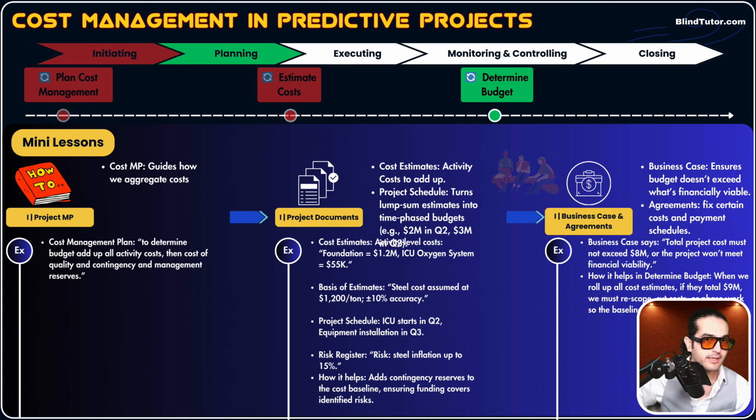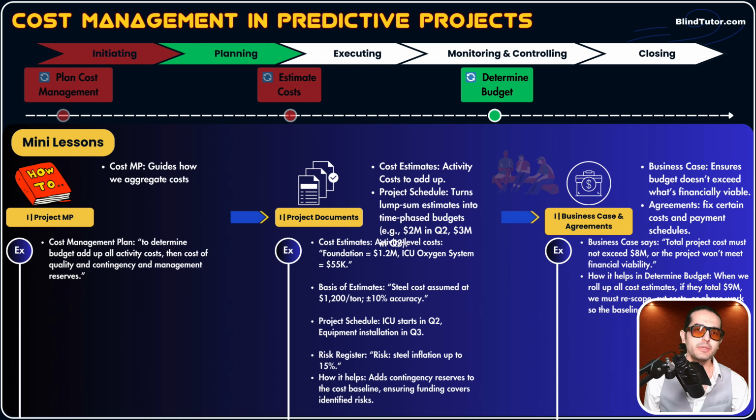You review those agreements and you make sure that this exact amount is mentioned in the cost baseline, which is an output for this process, and the Q3 statement, that 50% of this needs to be paid in Q3, should be mentioned in the funding requirements section of, for example, the cost baseline. That's how a business case and agreements help us in the determine budget process.